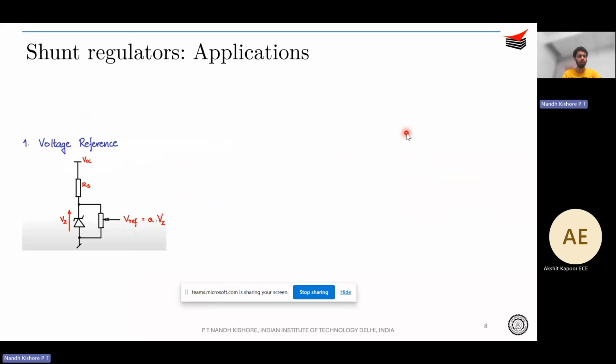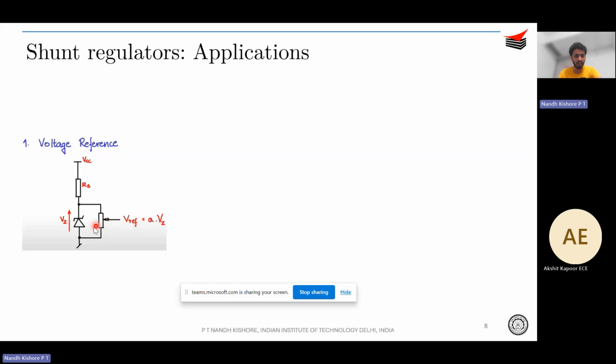But more importantly, we went through its applications, right? One is to give a fixed voltage regulation. That is, the same circuit has been redrawn in this fashion. You understand that if you vary this potentiometer across the Zener diode and take a tap out of its point, you get a reference voltage.